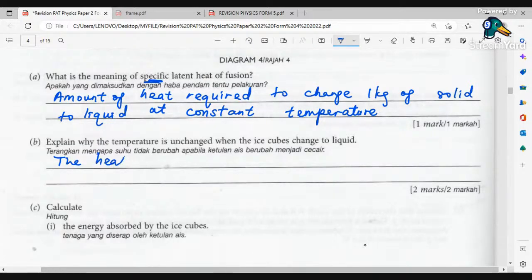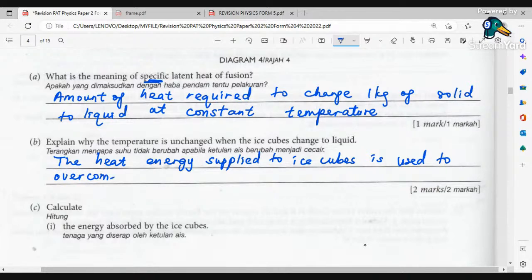The heat energy supplied to ice cube is used to overcome, untuk mengatasi, force between molecule.